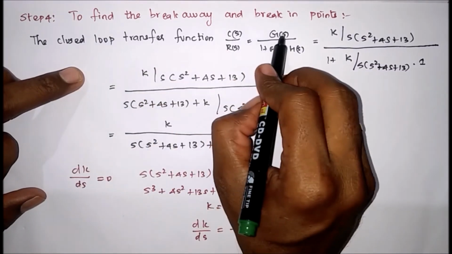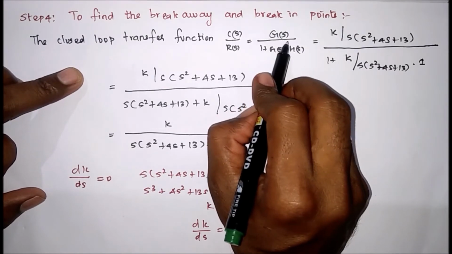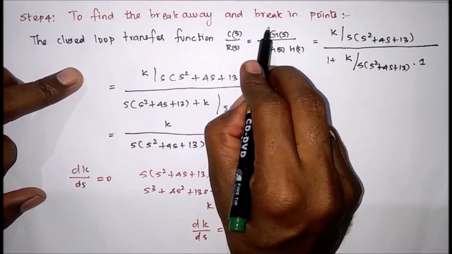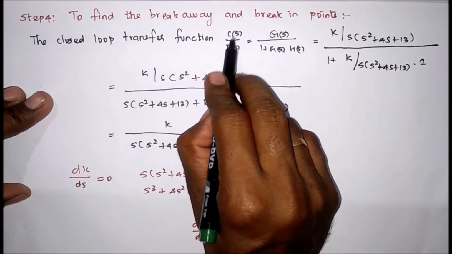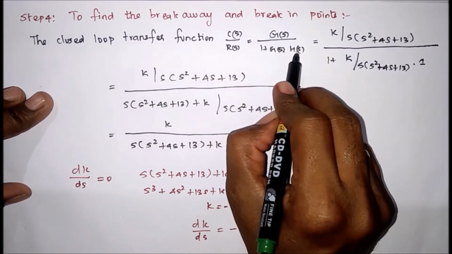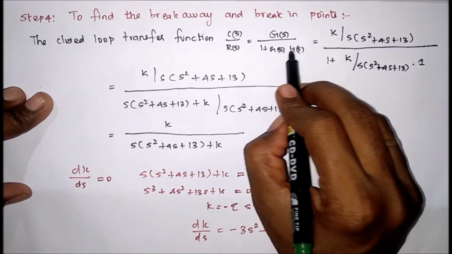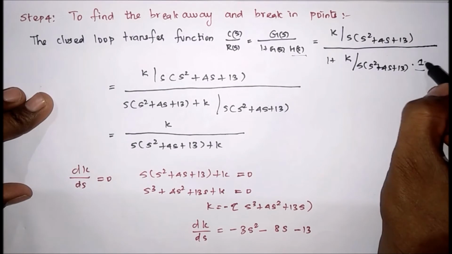From the open loop transfer function, we calculate the closed loop transfer function using this formula: C of s divided by R of s equal to G of s divided by 1 plus G of s into H of s. We substitute G of s here; it is unity feedback, therefore H is 1.